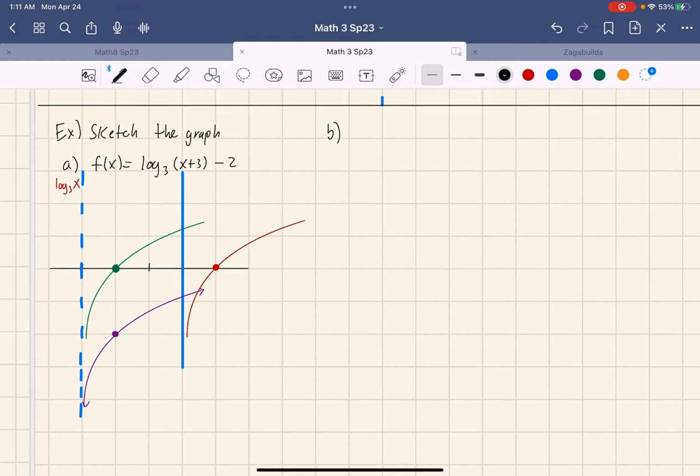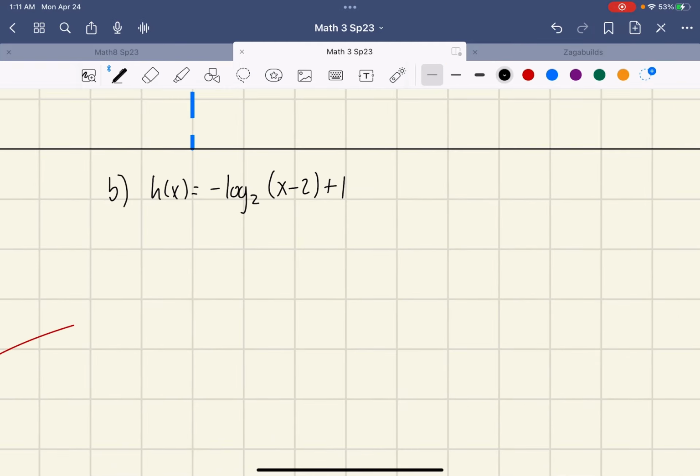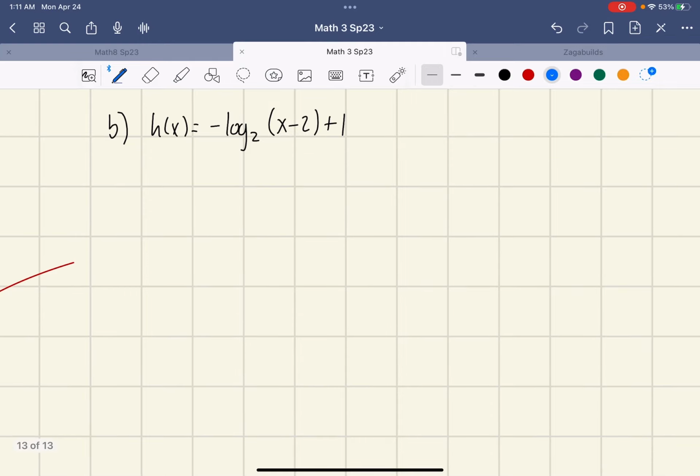So here, let's look at h of x is equal to negative log base 2 of x minus 2 plus 1. So vertical asymptote is still in the same place. That doesn't change.